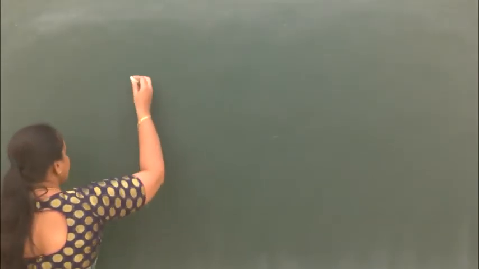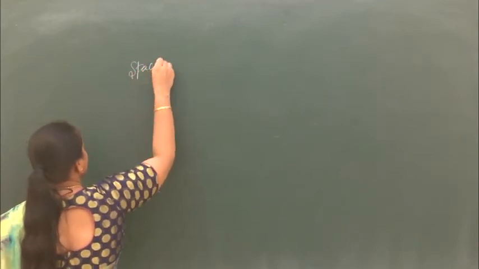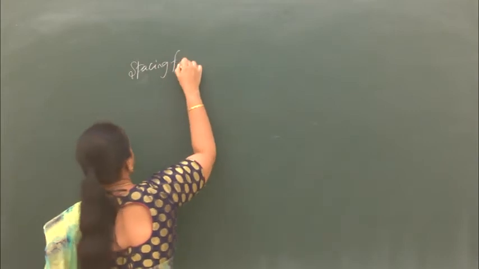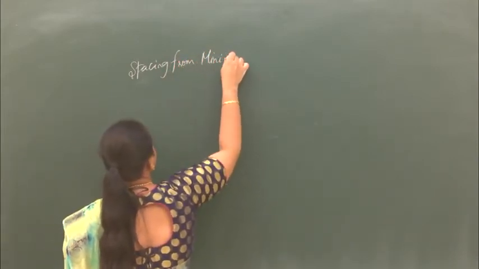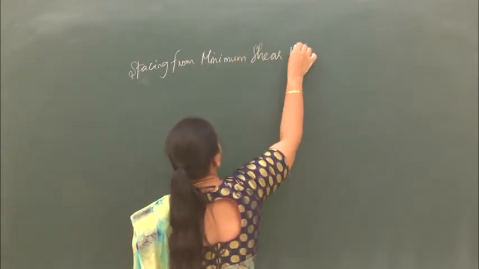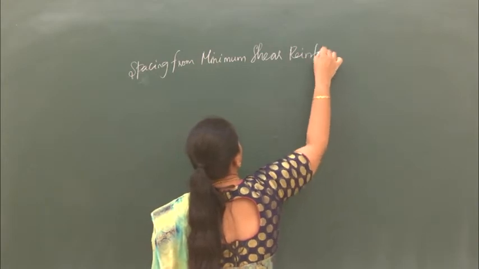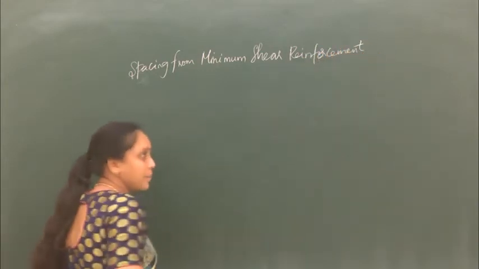Okay. Now the next step is to calculate the spacing from minimum shear reinforcement.